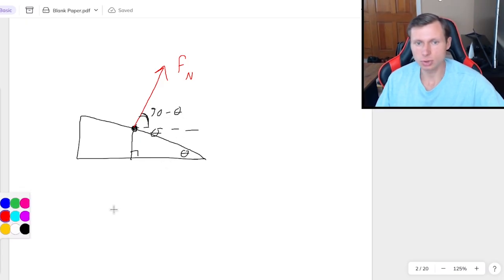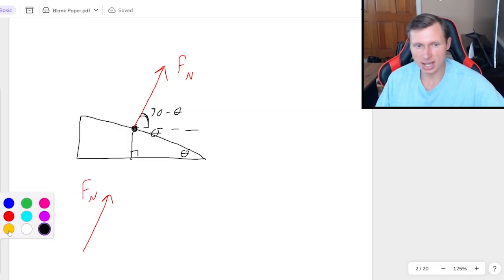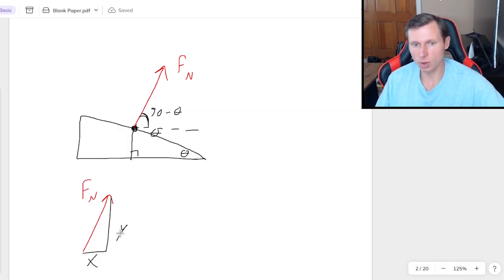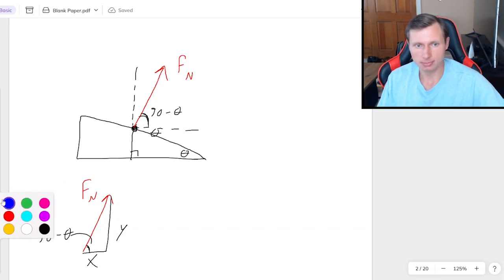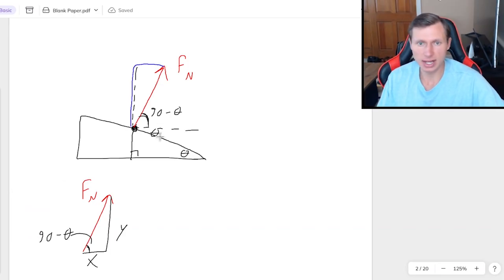So in other words, there's two triangles I can draw here. One where normal force is there, and here's x and y, and the angle right here, again, is 90 minus theta. Or I can draw this right triangle between the imaginary vertical line, and the reason why I would do that is because now this angle is theta again because of the complementary angle rule.